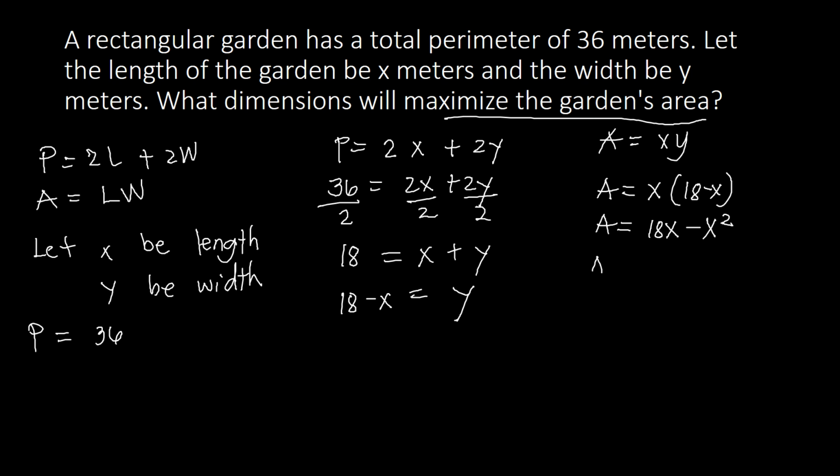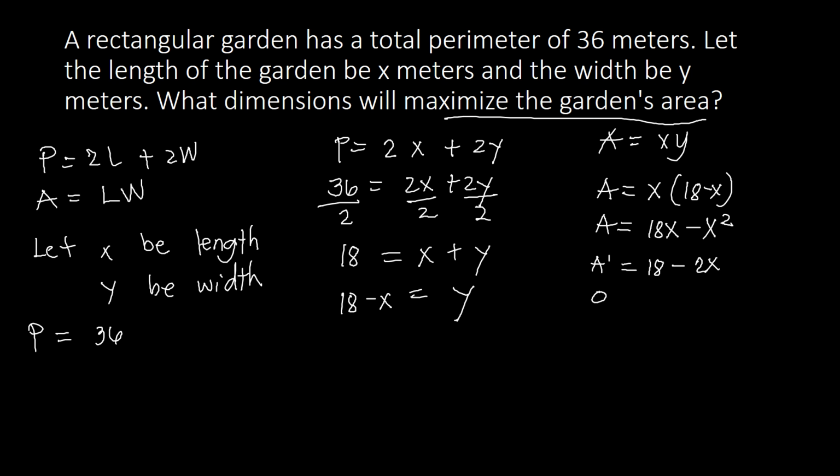So getting the derivative, that will be equal to the derivative of 18x, that's 18, minus the derivative of x squared, that's 2x. After having the derivative, we are going to set our A prime to 0, because finding the critical value would mean that our slope, or the derivative, is 0 or undefined.